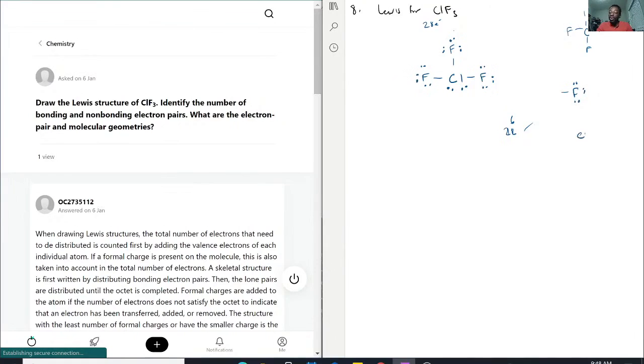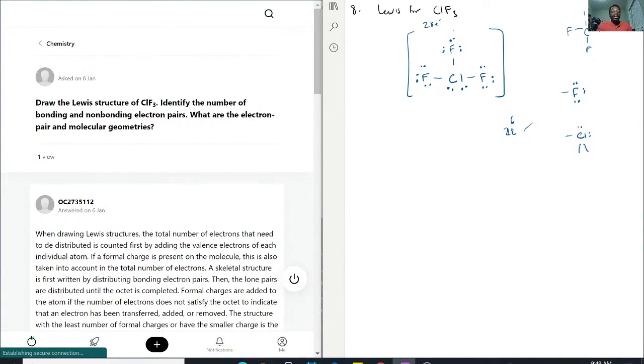Chlorine would typically be the same thing, but with this expanded octet, each of these electrons in a lone pair could be turned into a bond. To match the picture, we do indeed have 3 bonds and 2 lone pairs on that chlorine. So everything here has a formal charge net of 0. So we're good to say this is our Lewis structure.